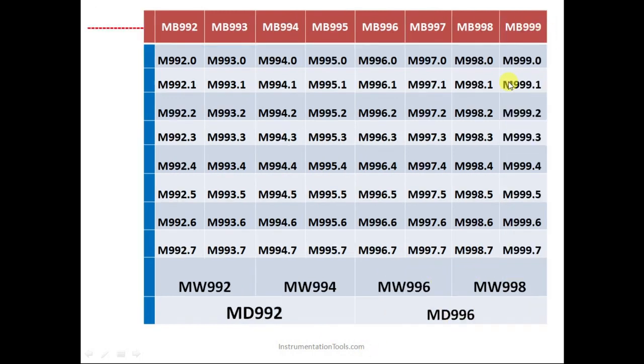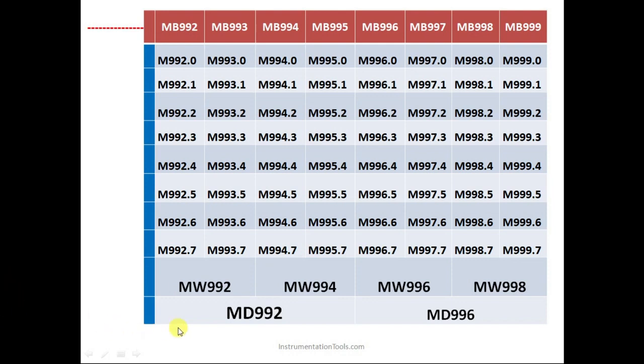Here also you can observe MW992, and then we write MW994. That means we jump from MW992 to MW994, because otherwise overlapping will occur. It is very important to note that the addressing should be very proper in case of Siemens.